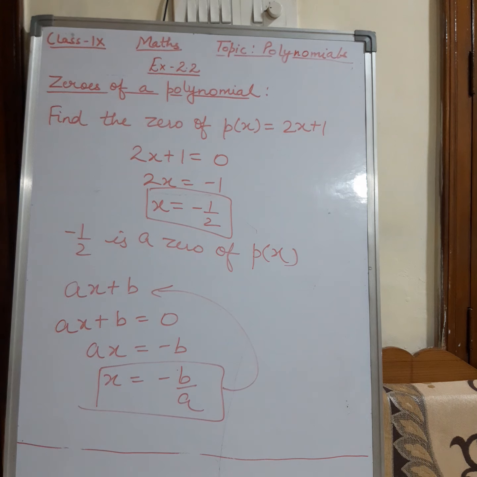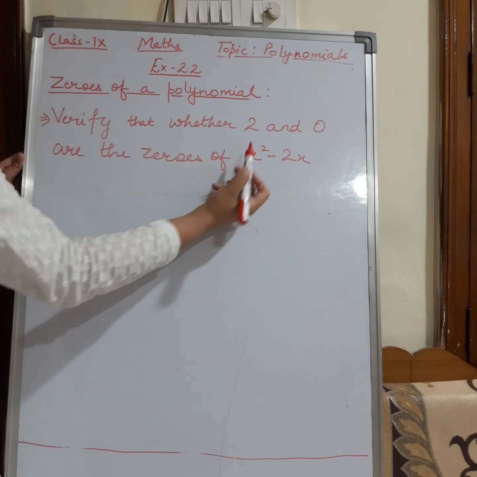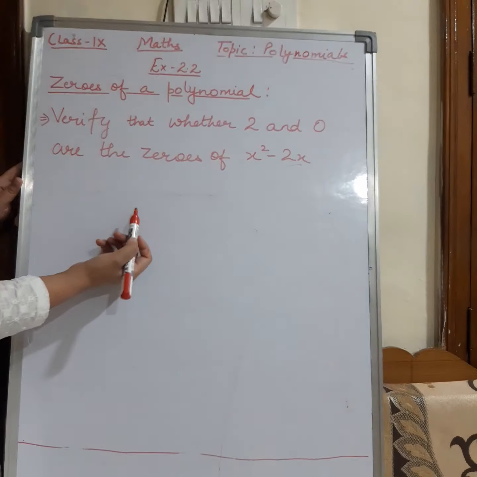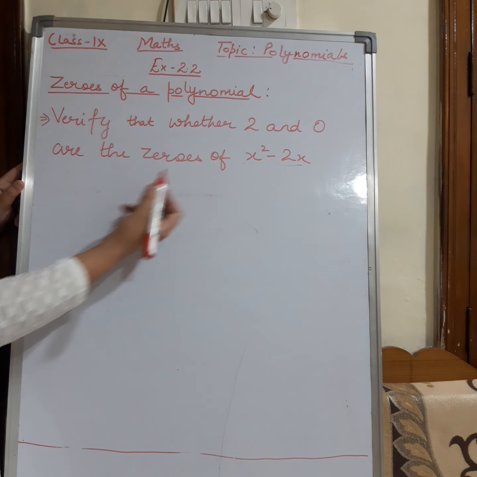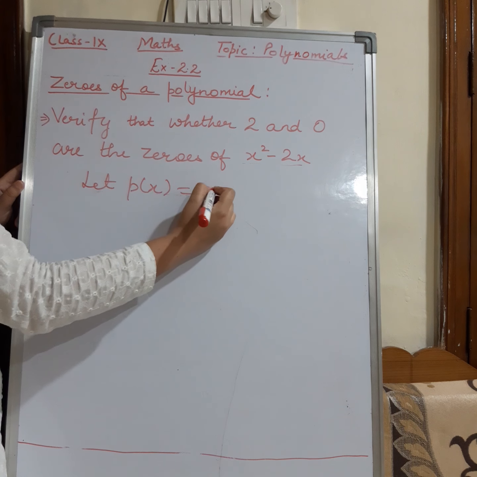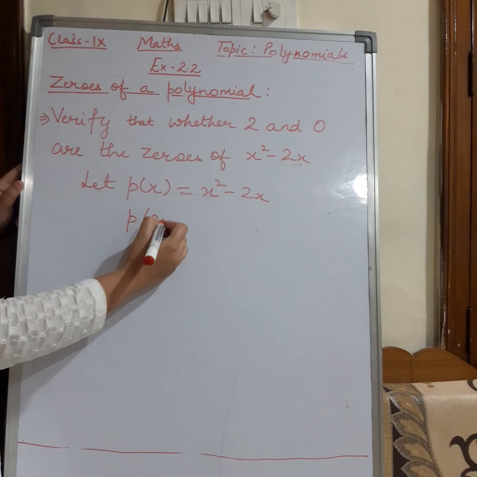Clear? Now one more type of question can also come. The question says verify whether 2 and 0 are the zeros of the given polynomial. So how can we check? First of all, let p(x) is equal to x square minus 2x. First, I will be putting the value of x as 2.